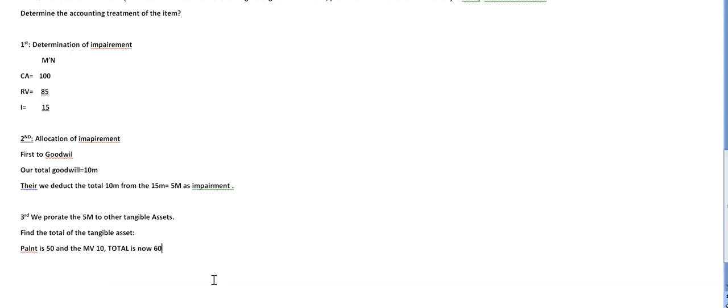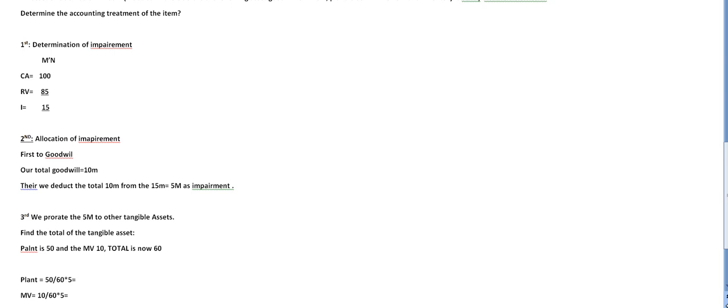Thank you. You can hear me now. Plant is 50 million, and the motor vehicle is 10 million. The total is now 60 million. On a pro rata basis, the share of impairment for plant will be equal to 50 divided by 60 multiplied by 5. Then the share of motor vehicle will be equal to 10 divided by 60 multiplied by 5.